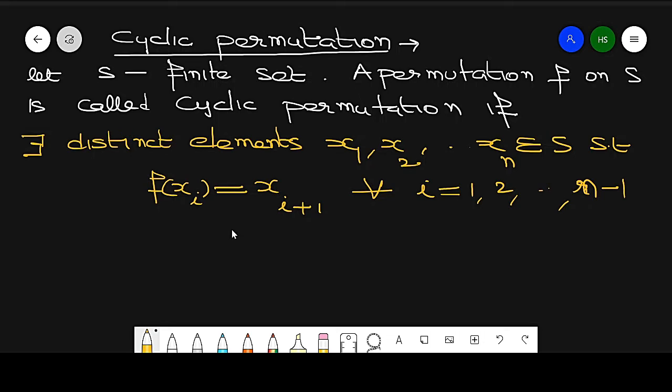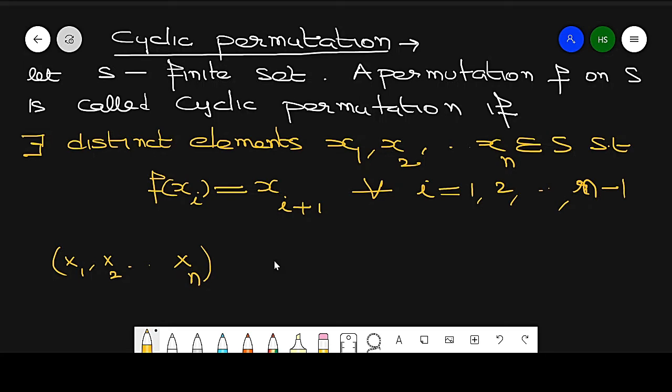Now this can be denoted as the cyclic permutation (x1, x2, x3, ..., xn). So it is a cyclic permutation of order n, of length n, 1, 2, 3, 4 up to n.